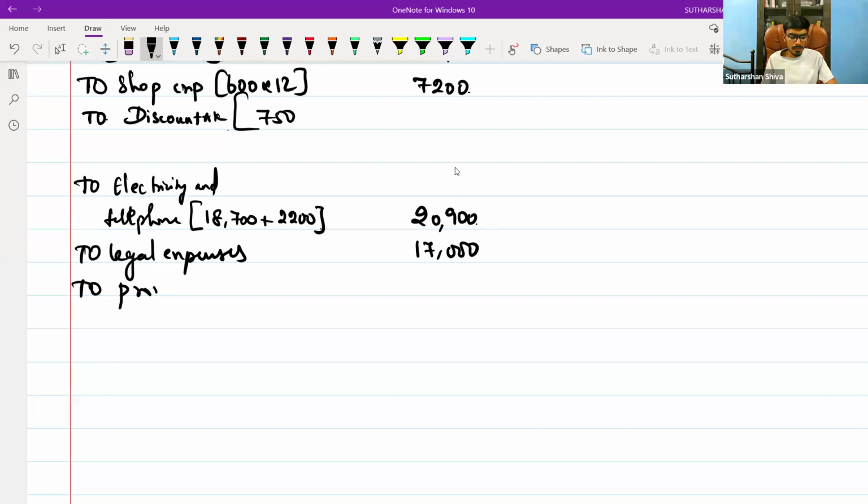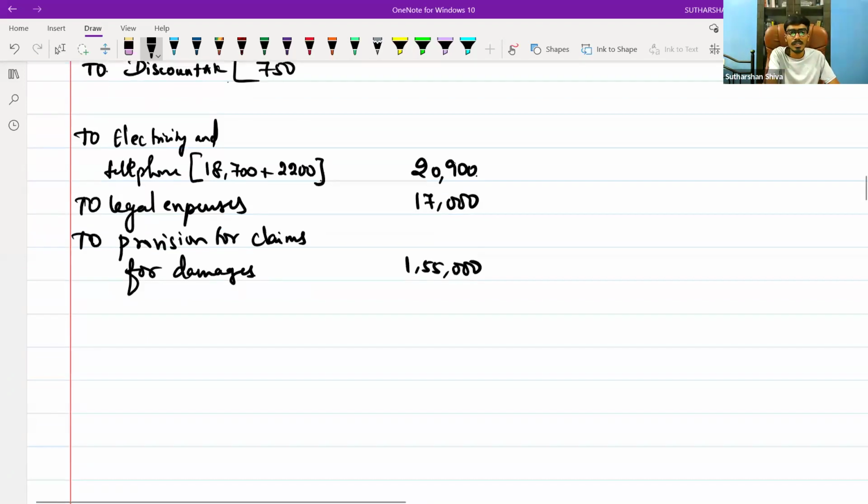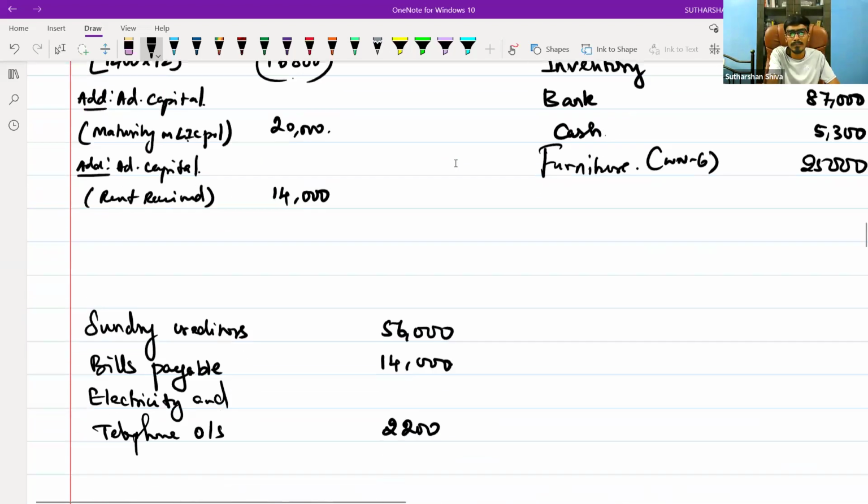And I need to create a provision for claims for damages. How much is the claim I need to create? 1,55,000. I have an obligation to pay if I face a defeat in the suit. So I am obligated to another person. If there is an obligation for me, it is my liability.